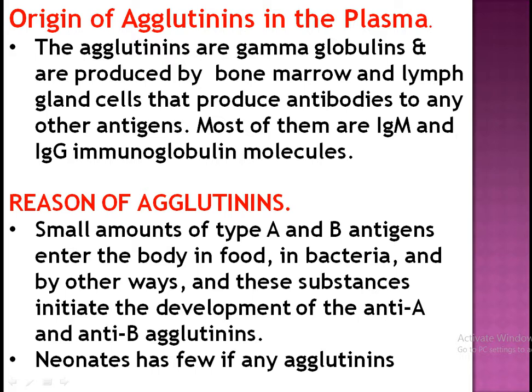Most of them are IgM and IgG immunoglobulin molecules. Small amounts of type A and type B antigens enter the body in food, in bacteria and by other ways. And these substances initiate the development of the anti-A and anti-B agglutinins. Neonates have few if any agglutinin.